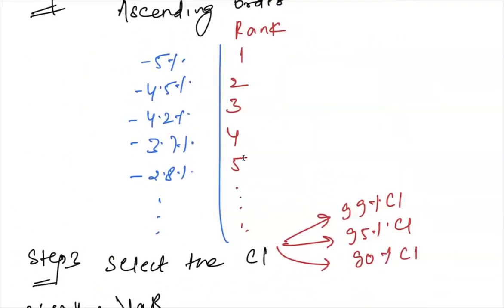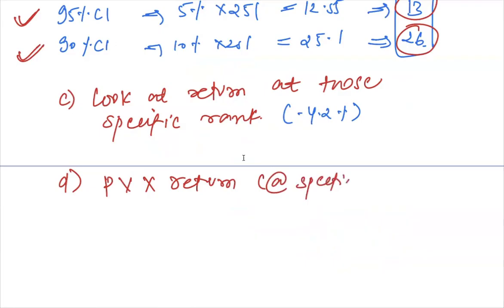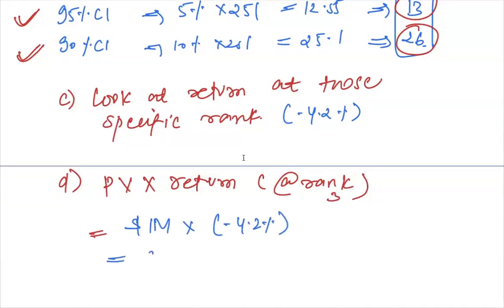Because we are considering 99%, let's look at rank 3, which is negative 4.2%. Now the last step is to multiply the portfolio value with the return at that specific rank, in this case rank 3. Multiply $1 million with negative 4.2%, which will give you how much?